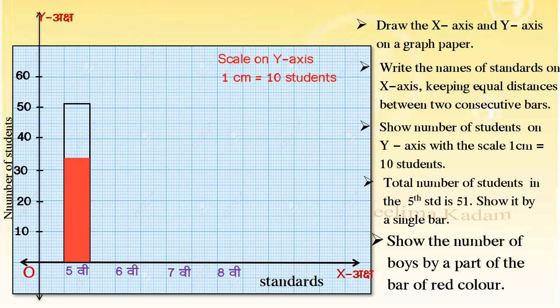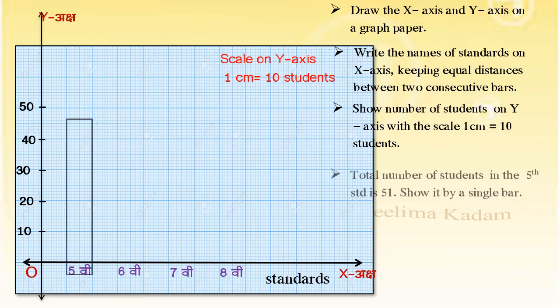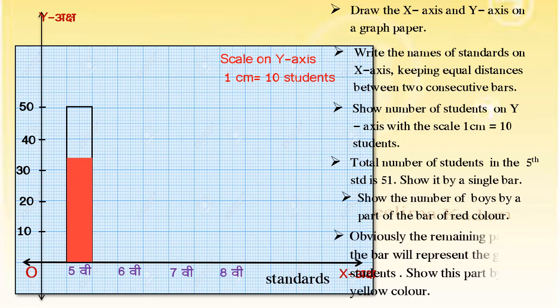It is a single column, a single bar. In this bar we have to show the number of boys, that is 34. Now total is 51, so obviously the remaining part will be of girls, right? We are showing number of boys with red color, so the remaining part of the bar will represent girl students.